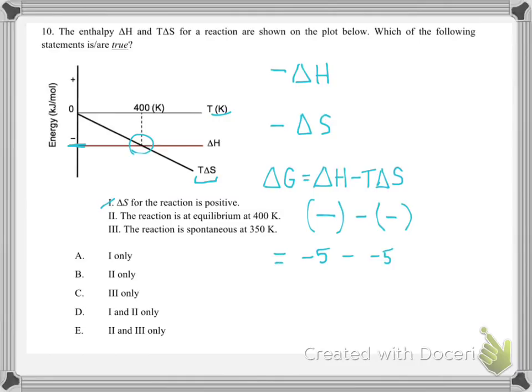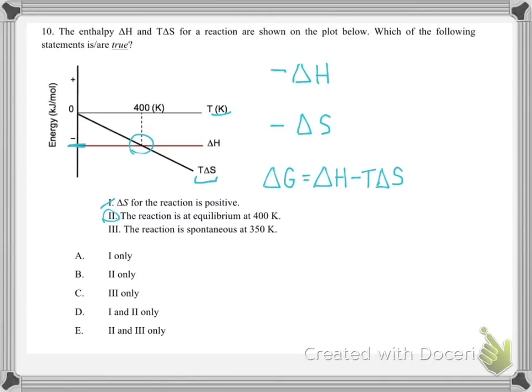This would be equal to 0, right? You'd have something minus itself. And we know that when delta G equals 0, we are indeed at equilibrium. Okay, so statement 2 seems to be true.